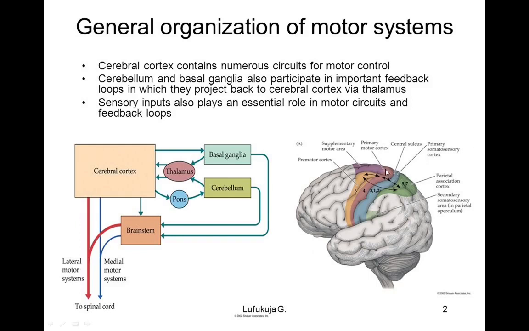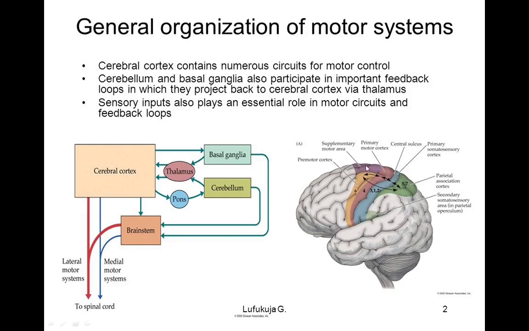And the supplementary motor area is responsible for the planning and programming of motor sequences. To make a movement, you have a particular sequence, so it needs to be sequenced. Then only the movement becomes meaningful.